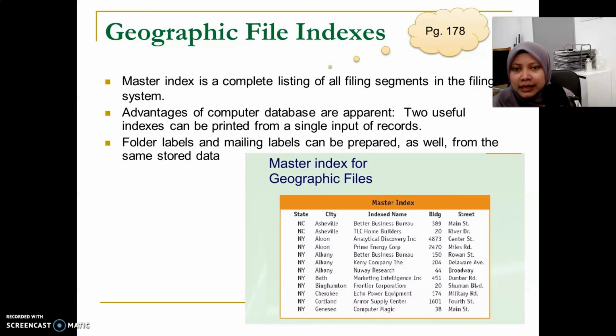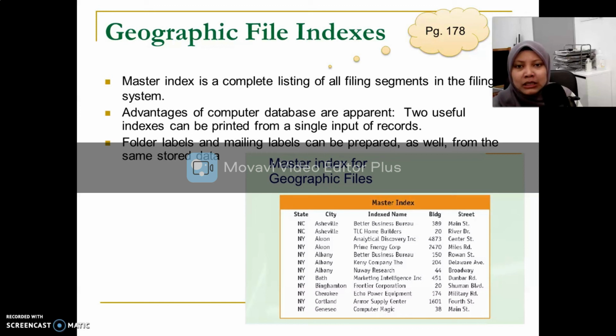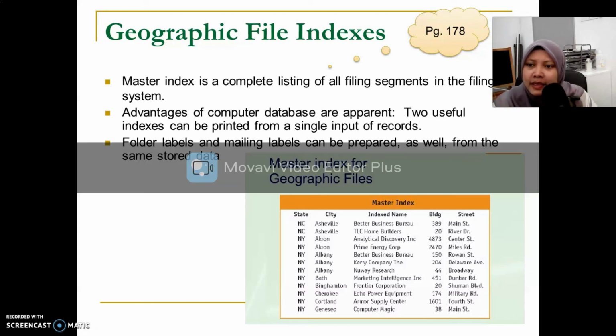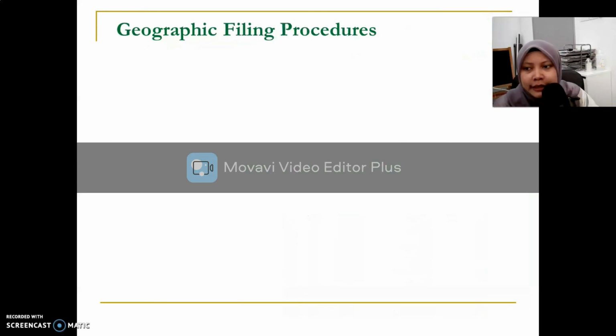Kita boleh generate daripada database ni, kita nak dia mengikut susunan nama, kemudian nombor building, street, city. Kita boleh generate tanpa perlu menaip ataupun menulis balik. Then kita boleh print, dan kalau nak mudah lagi, kita print atas stiker dan dia akan keluar automatic, you just paste on the envelope.